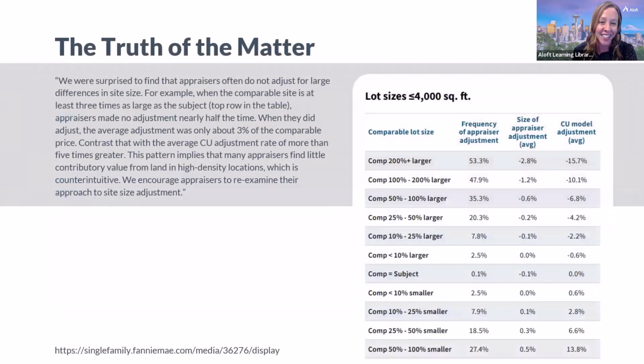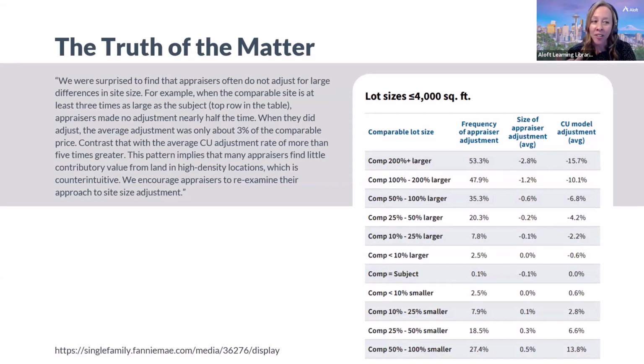All right. Now, I probably should have led with this, but this was recently published in Fannie Mae's Appraiser Updates. This isn't the full article, so I highly encourage you to take a screenshot of that link provided at the bottom of your screen and read the full article. But this statement really hits home and aligns with what we've been talking about today.